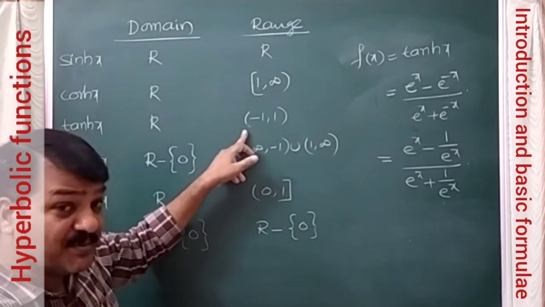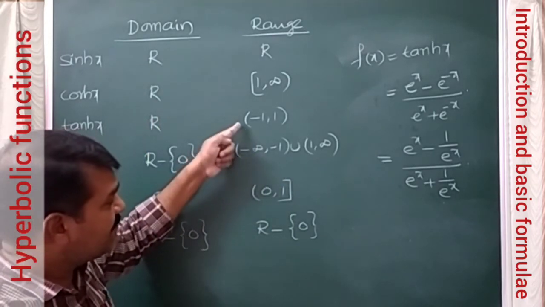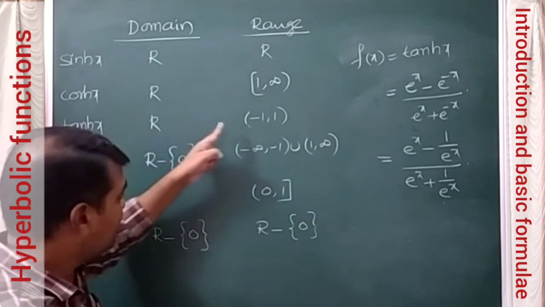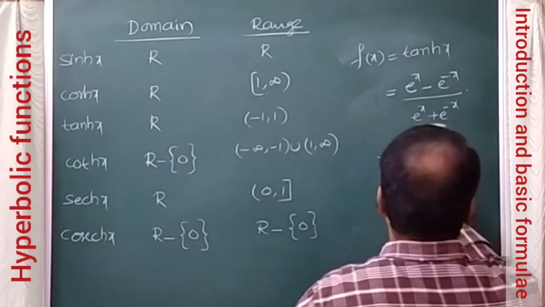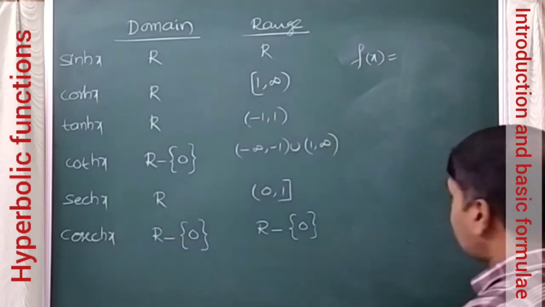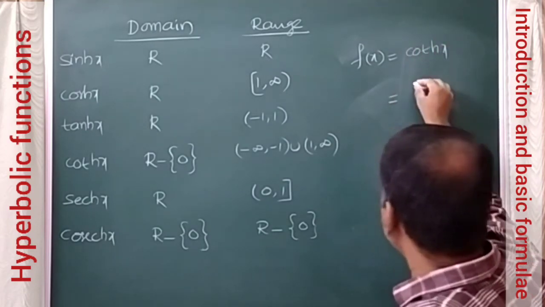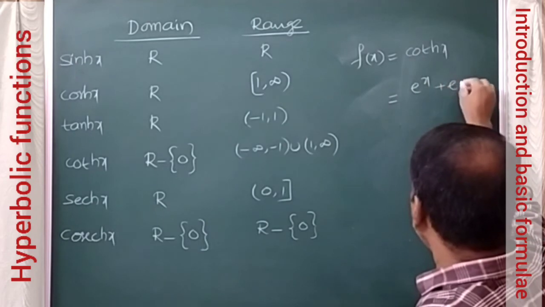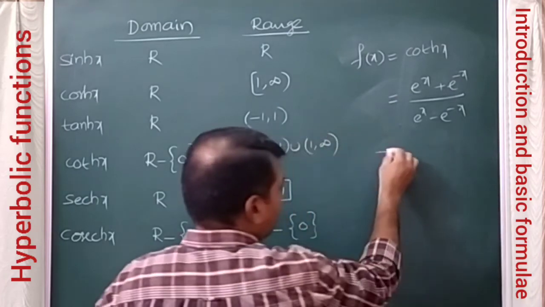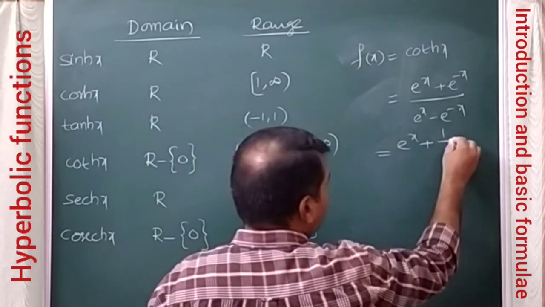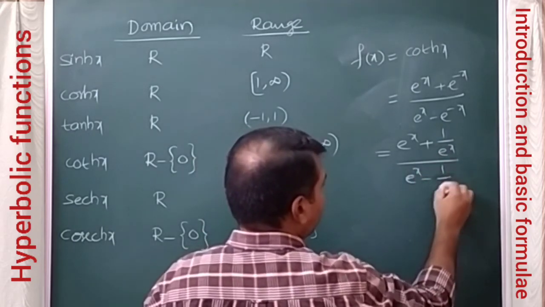Cot hx is the reciprocal. Reciprocal of tan hx means the function values for cot hx will not lie in this interval, because I'll show, just observe here. Cot hx is reciprocal of tan hx, no? That means e power x plus e power minus x by e power x minus e power minus x. That means e power x plus 1 by e power x, by e power x minus 1 by e power x.